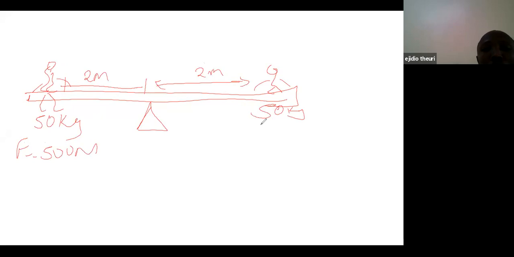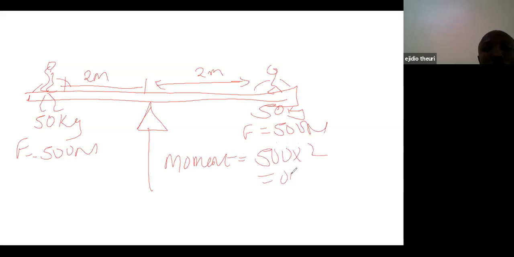So force will be equal to 500 newtons. So moment on this side will be equal to 500 times 2 to get 1,000. The other side is the same, 500 times 2 to get 1,000. This 1,000 on both sides.